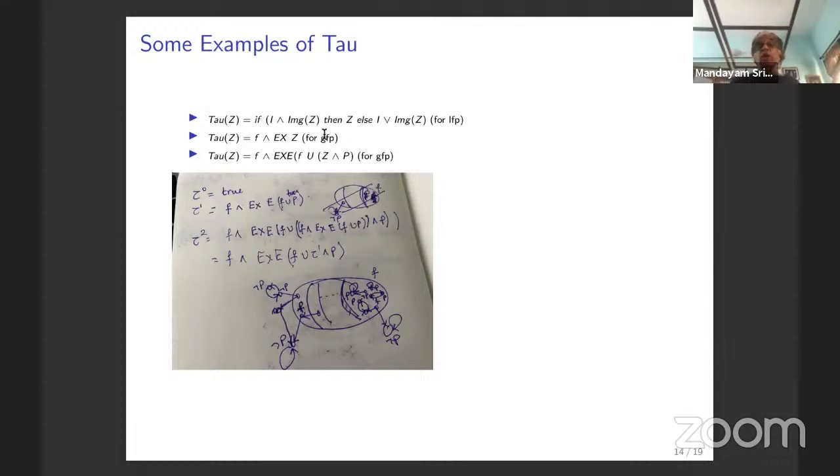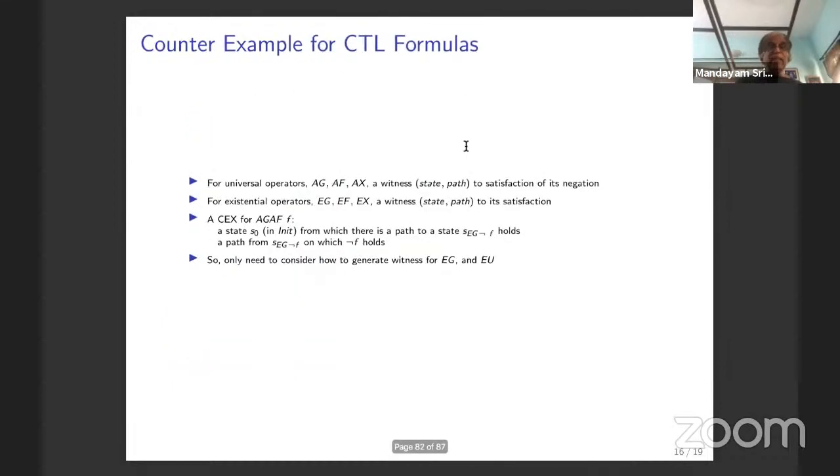But even then, trying to show that these fixed points, computed using iteration of these functions, the least fixed points or the greatest fixed points, indeed correspond to the formula in CTL, proving that would be instructive, to ensure that you understand it correctly and that you are being honest. But before that, let me do counterexample.